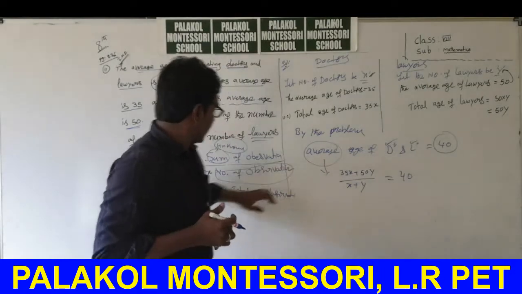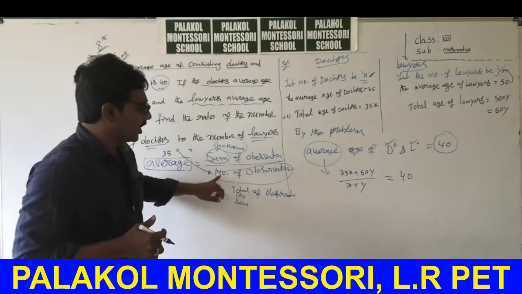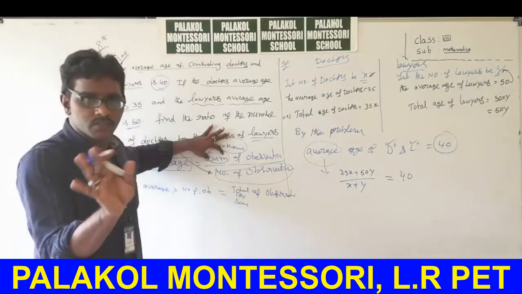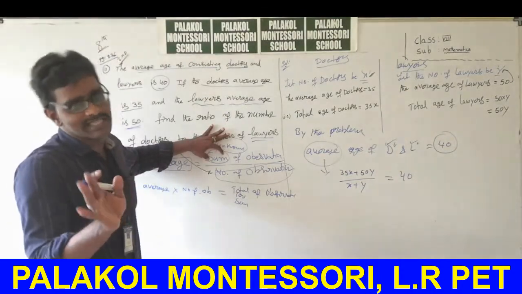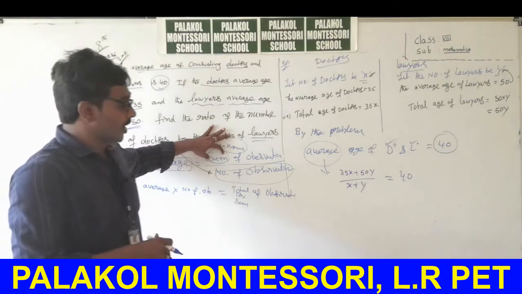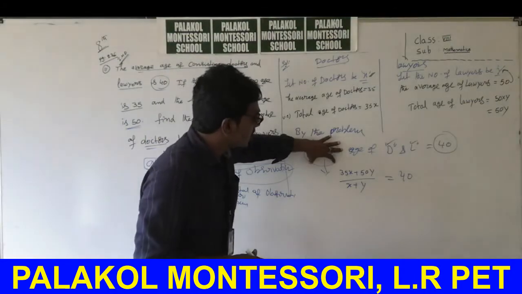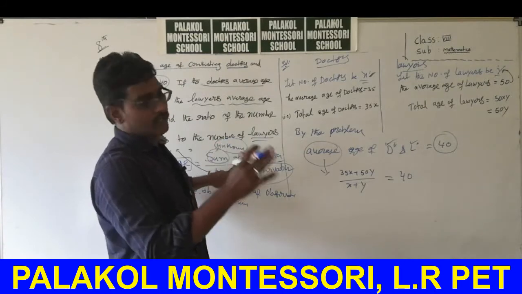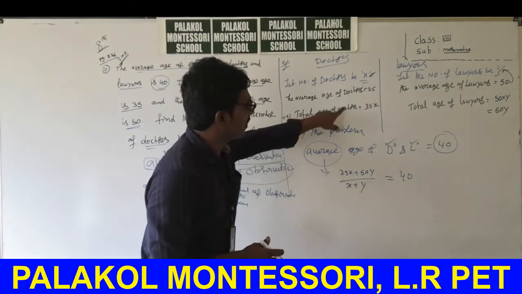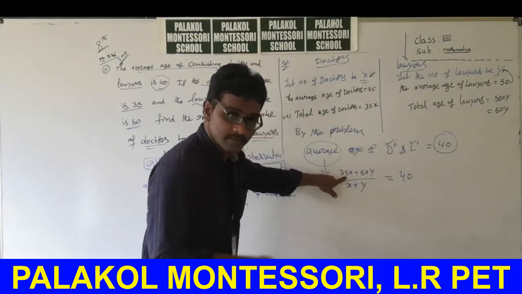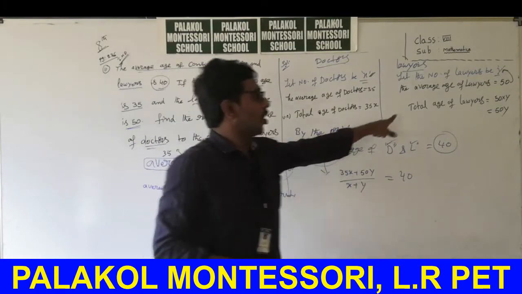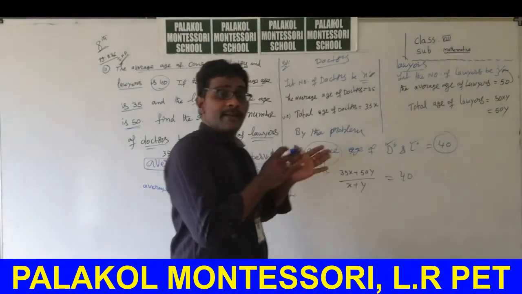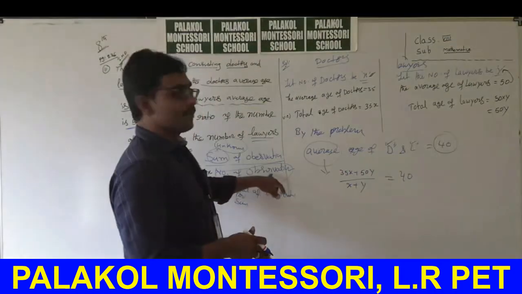Average means sum of observations by number of observations. In the sum case, you take the total, no problem. Sum and total both are the same words in this situation. So, average means total age of daughters, 35x, plus total age of lawyers, 50y, by number of observations.